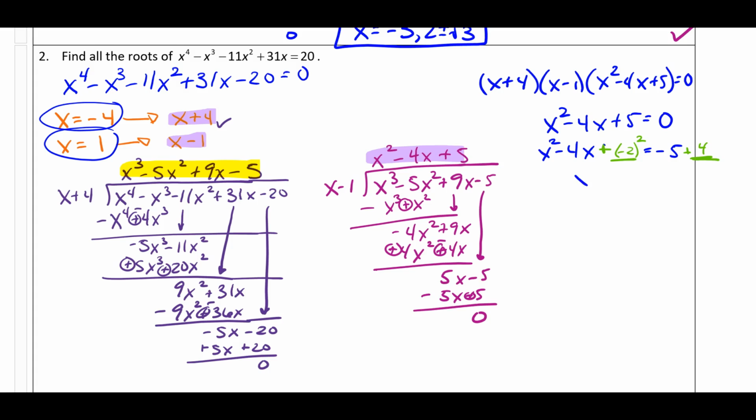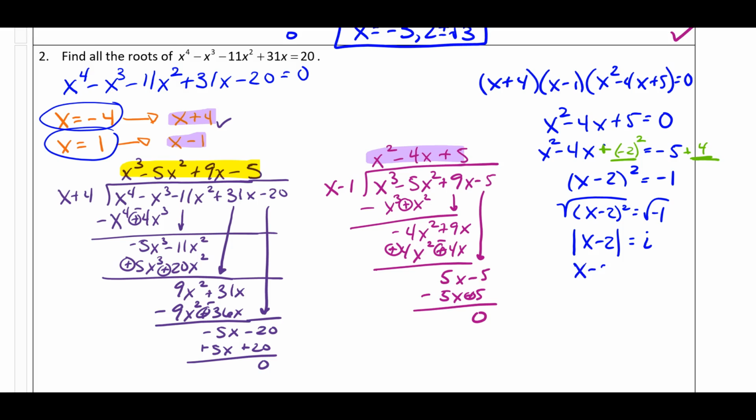Then we factor: x minus 2 squared equals -1. Then we take the square root of both sides. So x minus 2 equals the square root of -1, which, if you recall, is i. So there's our imaginary. We knew there were going to be two imaginary solutions.